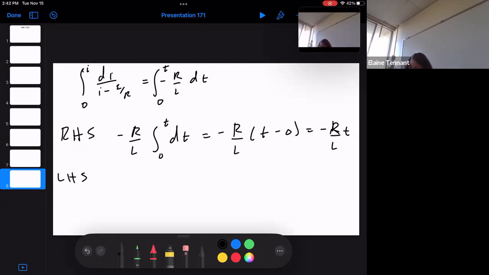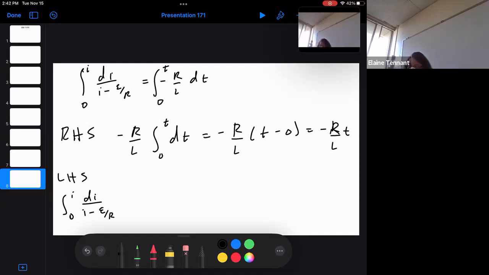Not as pretty. How would you guys approach this integral? Are you able to pull out the E over R since it's constant? I can't because it's part of that fraction. Can't you pull out R over here?